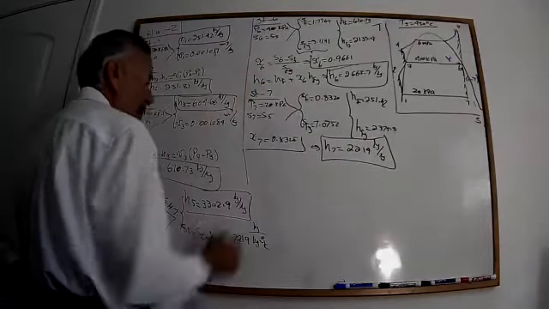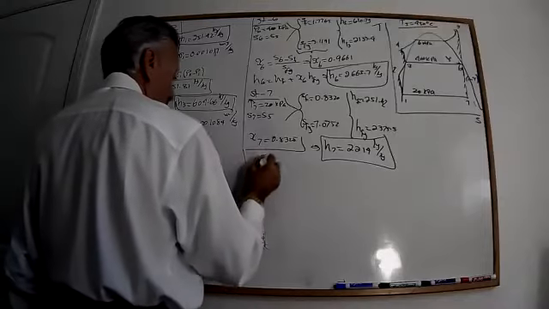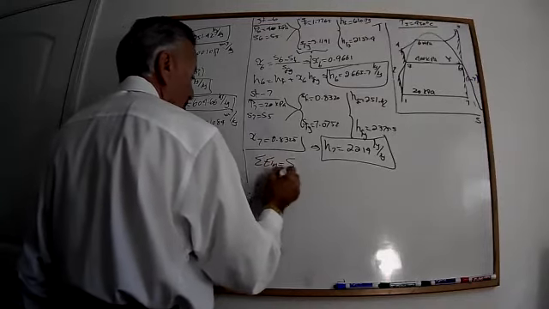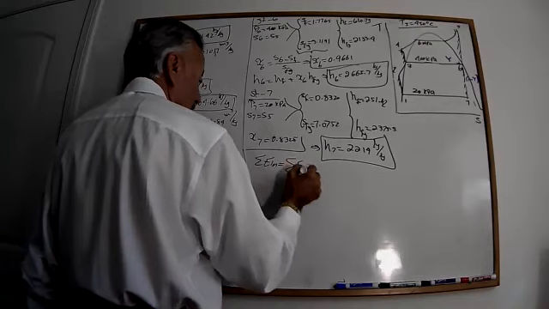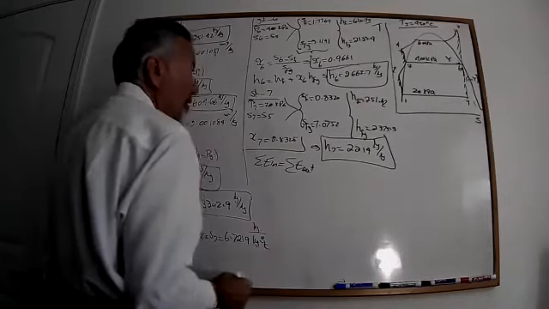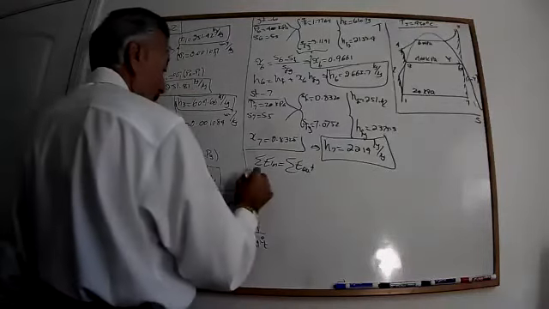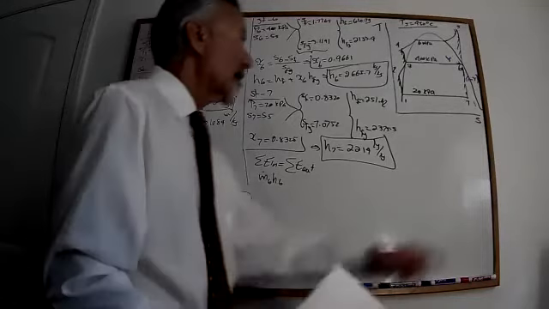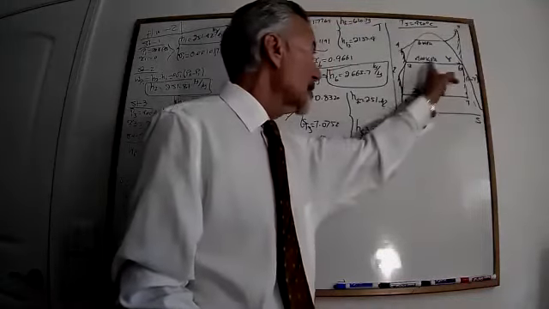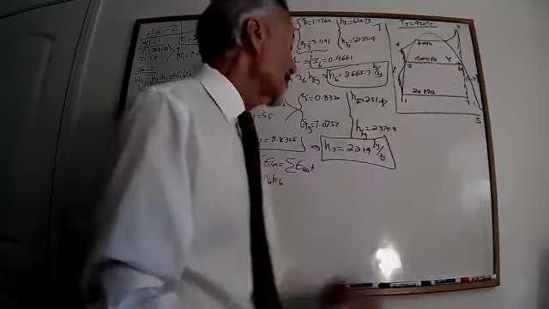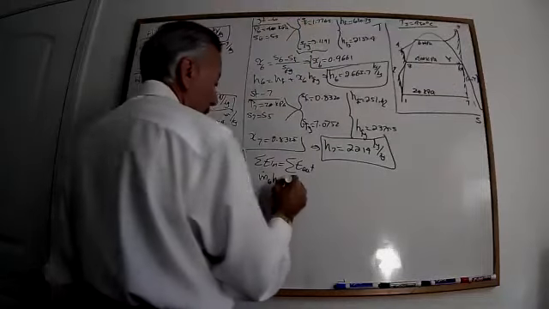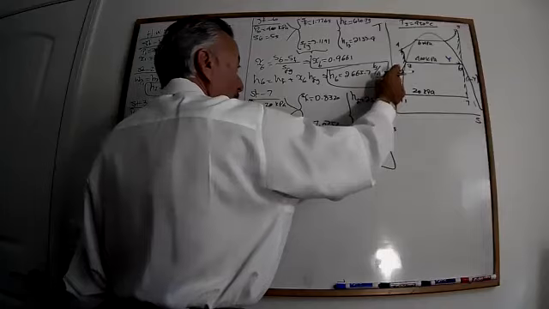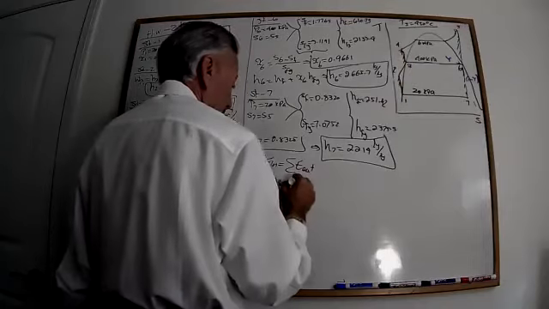Now, before we go further, we need to write that the summation of all energy going into that feed water has to be the summation of all energy going out of that feed water. What goes in is M6, H6 at 0.6, that's where we take that into the feed water, plus M2H2 goes to that feed water heater.